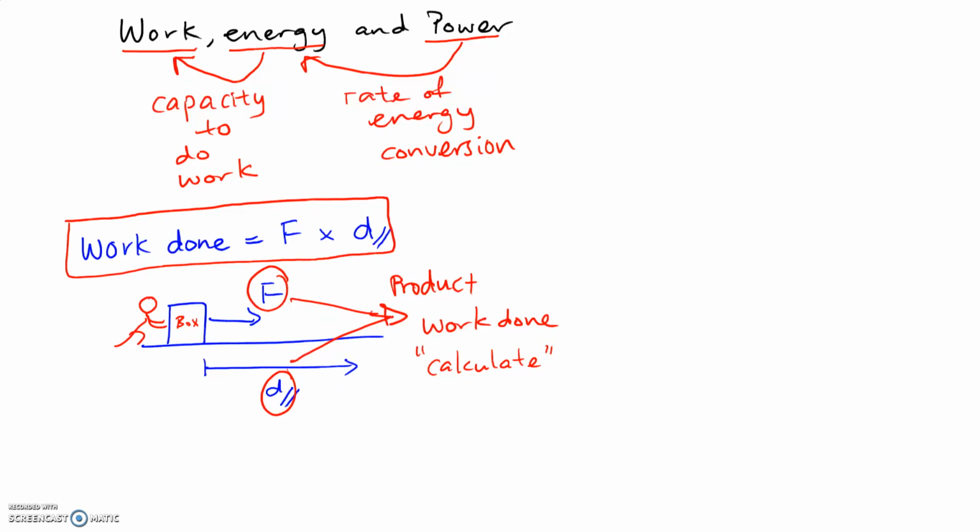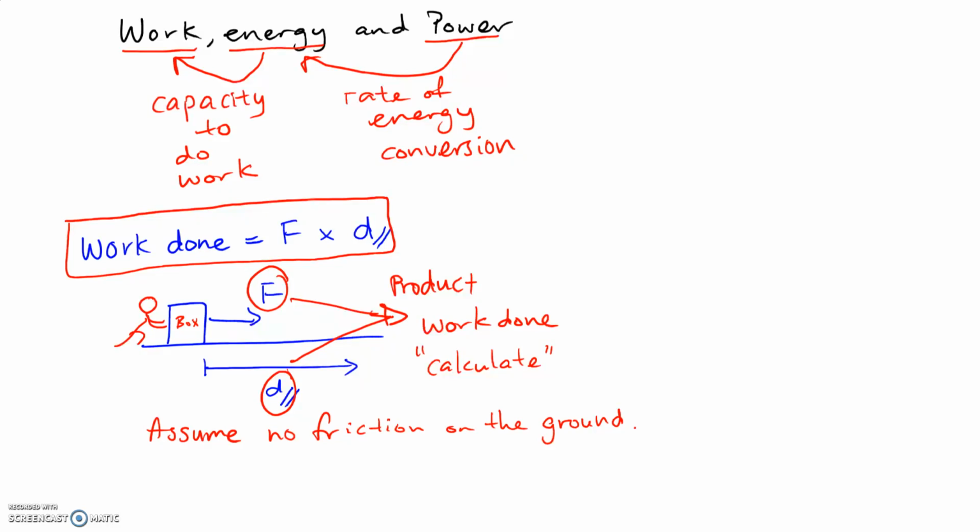Now this is of course an ideal situation where we assume there is no friction on the ground. Right? What happens if there is? Then that's where we so-called lose energy, right? Some parts of the energy that we use in doing the work, in pushing the box, will be used to overcome the frictional force, overcome resistance. And so that means that the box will actually gain less energy.